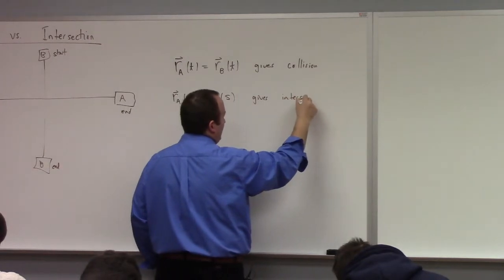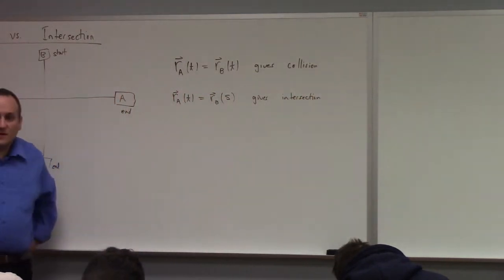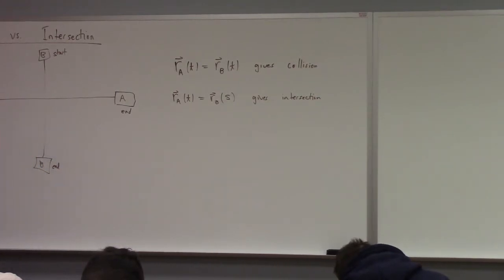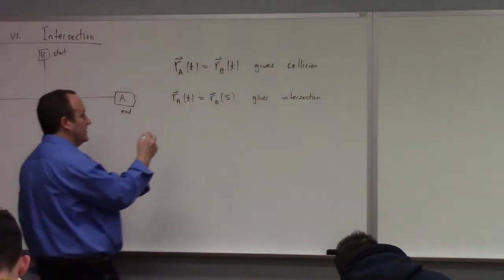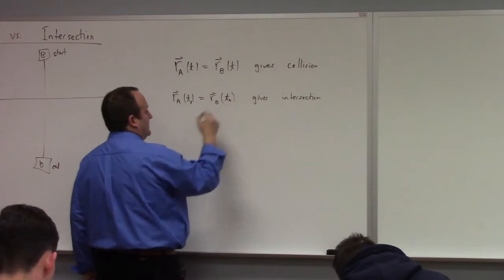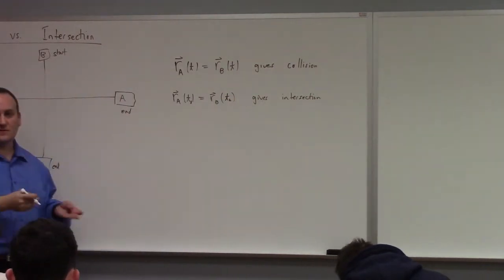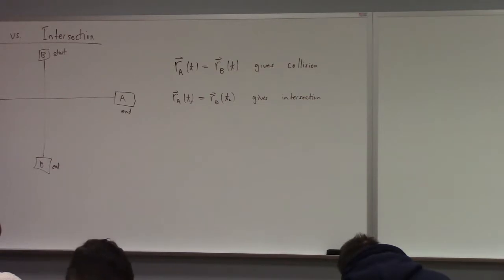What I mean to say more precisely is, if there exists some time such that the positions match up at the same time, that's collision. If there exist possibly different times, if you don't like r and s, we could use t1 and t2. Is there a t1 and a t2 that they both go through the same point, but possibly different times? Then that would just be intersection.